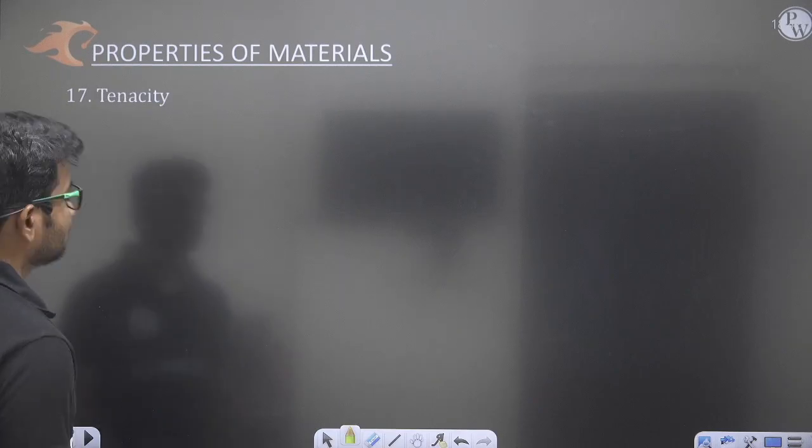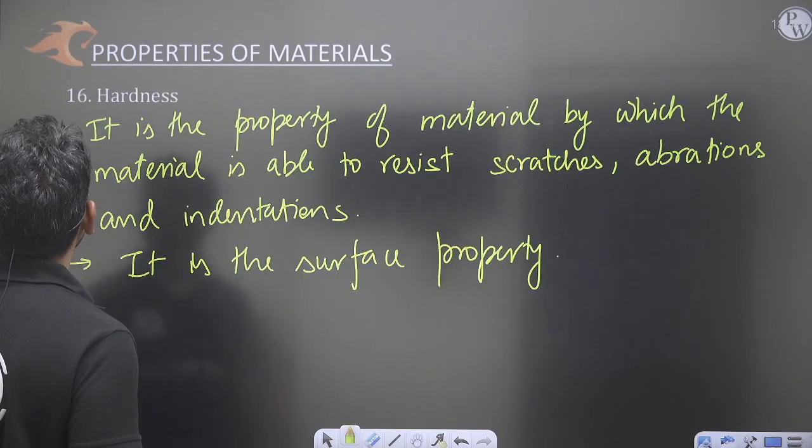Let's move on to the next one, that is tenacity. So there are 17 properties that we have studied. Tenacity is the property that is used in the textile industry. If we apply tension on a thread and it shows very high strength in tension, that property is called tenacity.